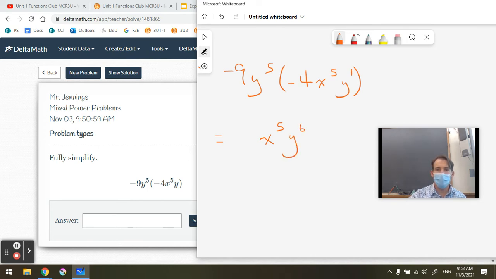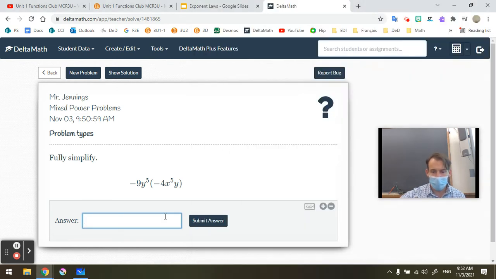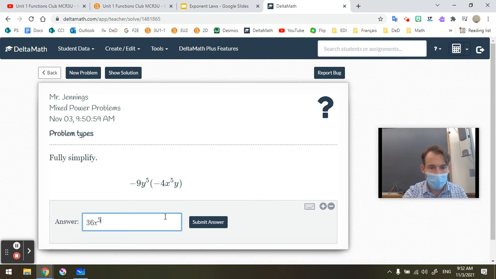And then what's my coefficient? Positive 36, because negative 9 times negative 4 gives me 36. Great. So that there is the final answer. It's 36x to the 5 y. Oop, and then you want to push your little arrow over so you don't make your y an exponent. Y to the 6.